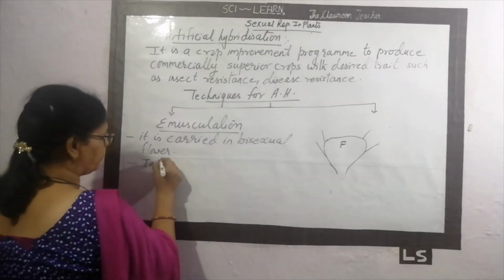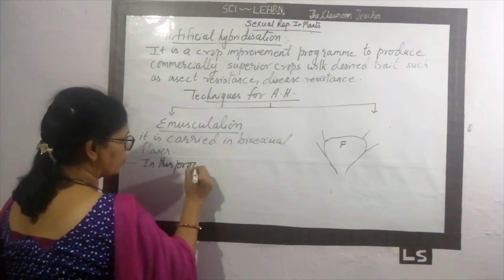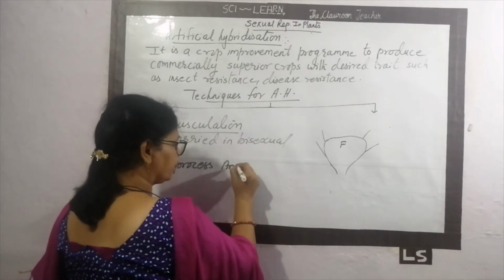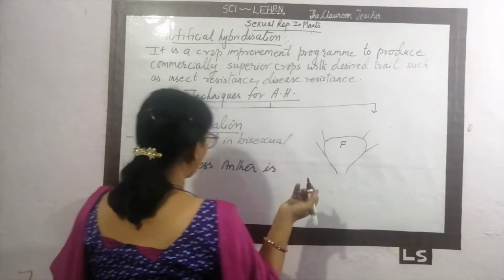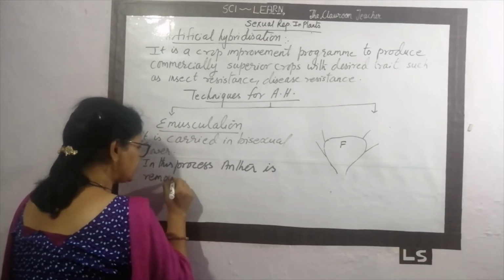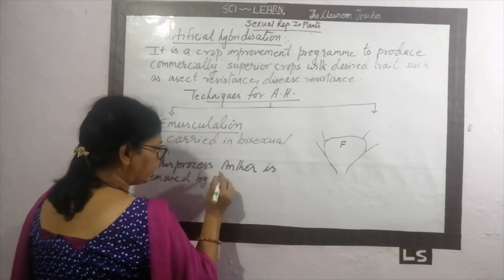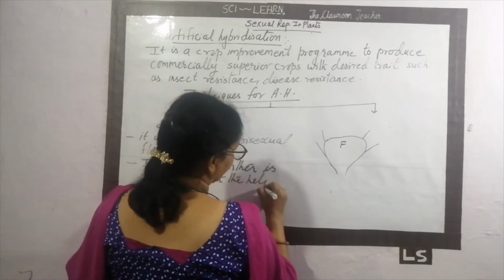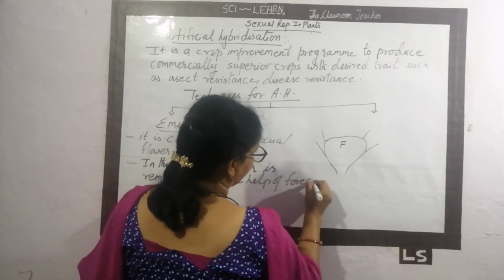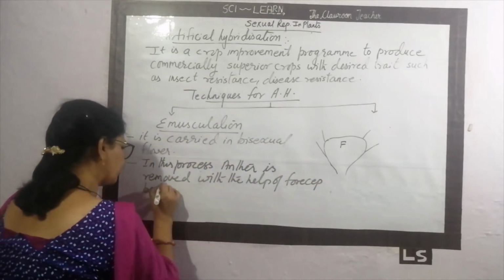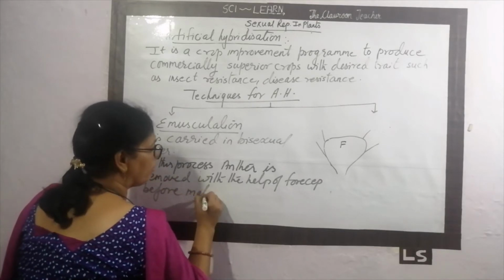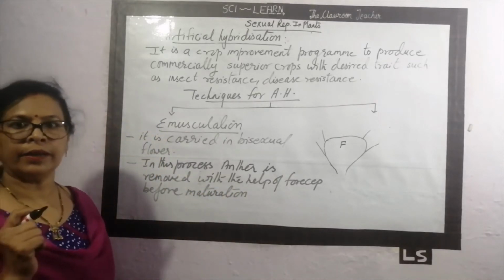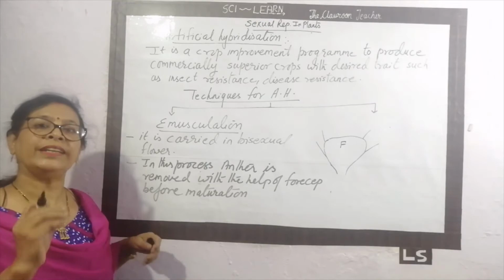So in this process, the anther sac or anther is removed manually, with the help of forceps, before maturation, or before dehiscence.